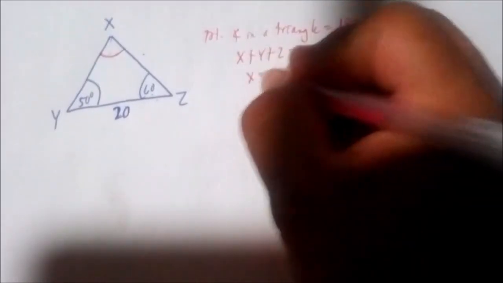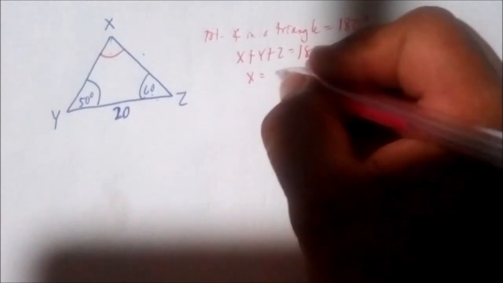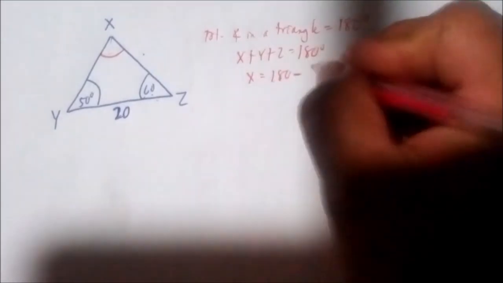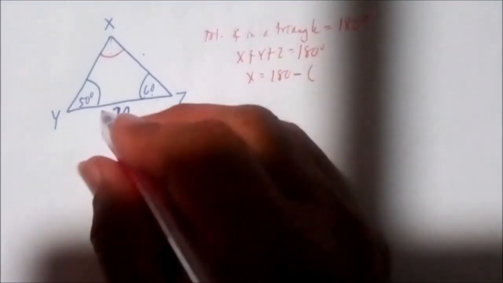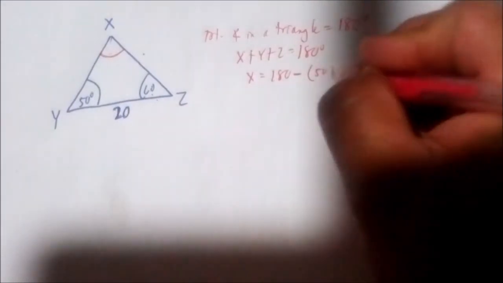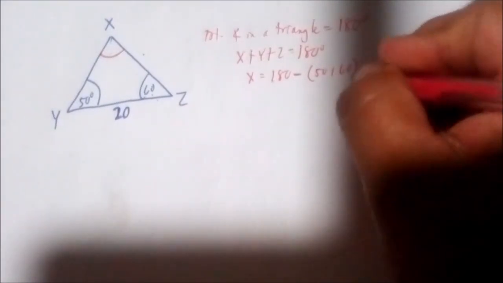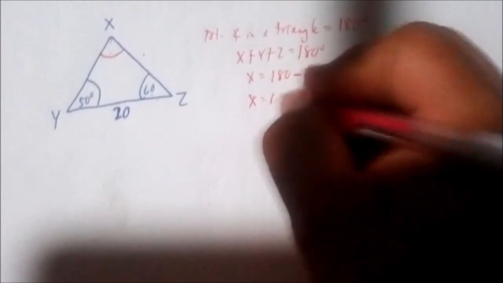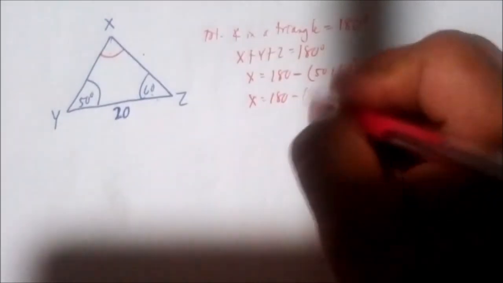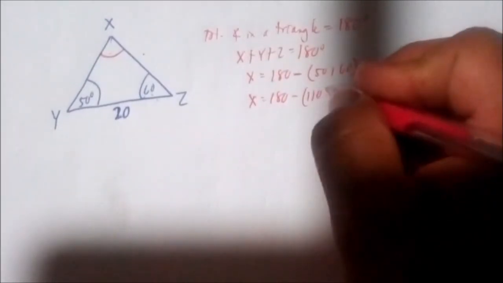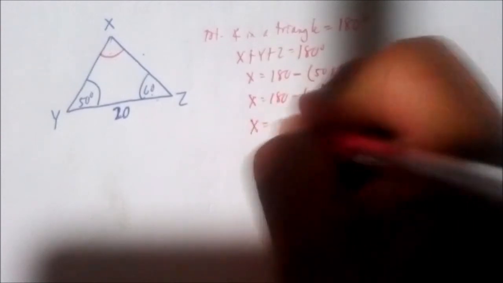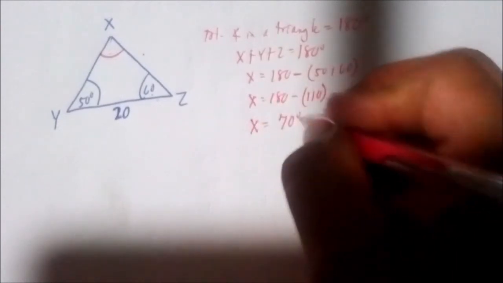So angle x is equal to 180 take away angle y, which is 50, plus angle z, which is 60. That gives 180 take away 110 degrees, so x is equal to 70 degrees. That is the size of this angle.